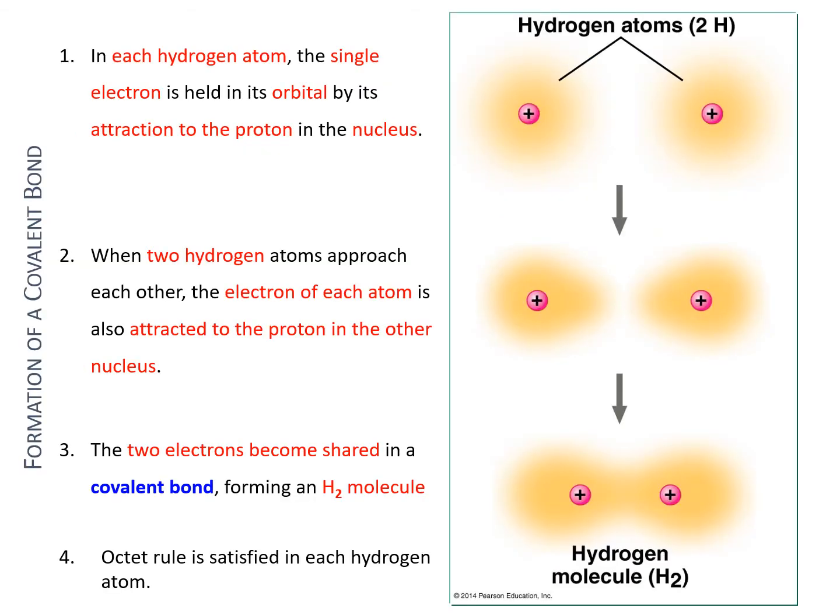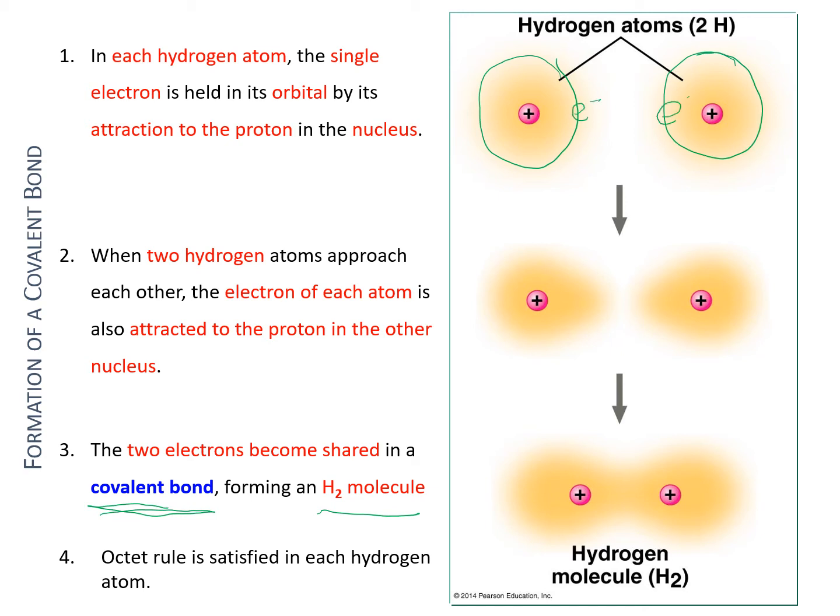This diagram shows how a covalent bond is formed between hydrogen atoms within a hydrogen molecule. One hydrogen molecule will have 2 hydrogen atoms that are bonded to one another through the formation of a covalent bond. Each hydrogen atom will have 1 electron.